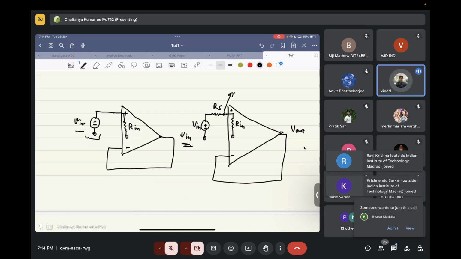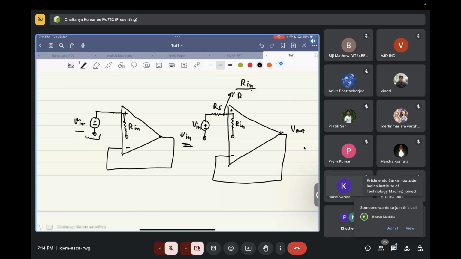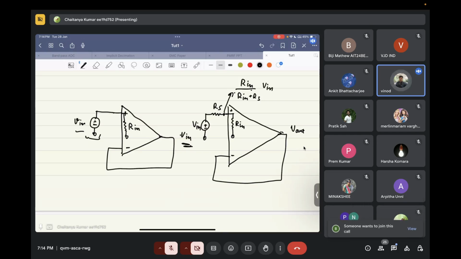Vin into Rin divided by Rin plus Rs, correct? And the same voltage will come at this node. So Vout now will be Rin by Rin plus Rs times Vin.